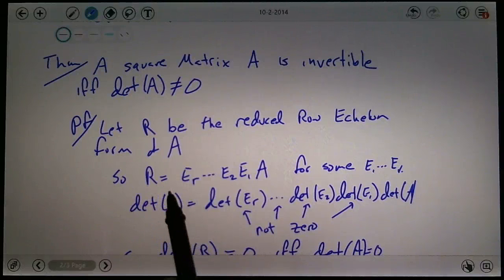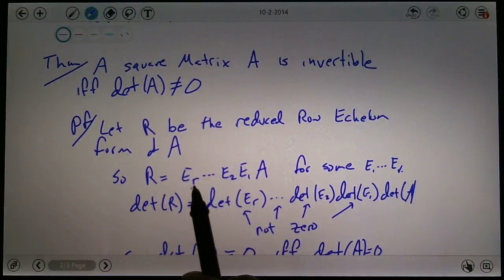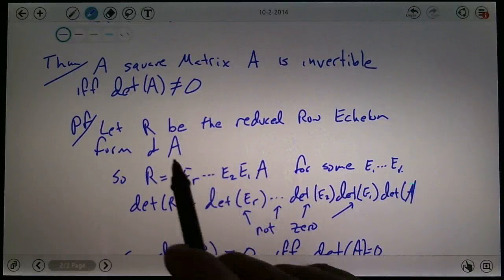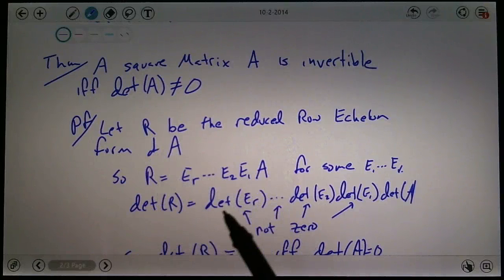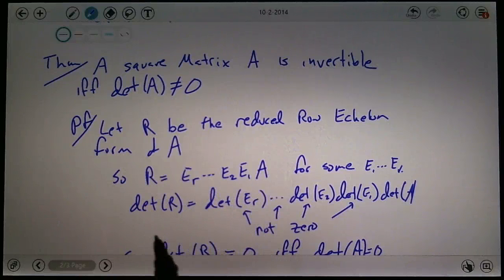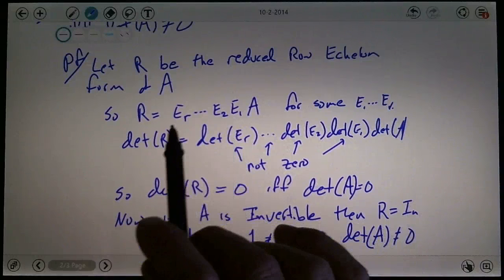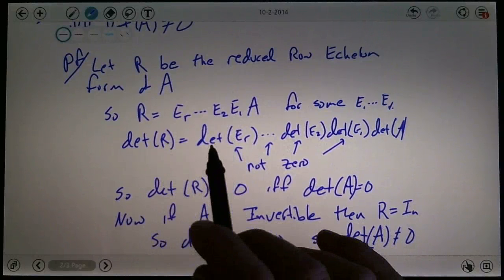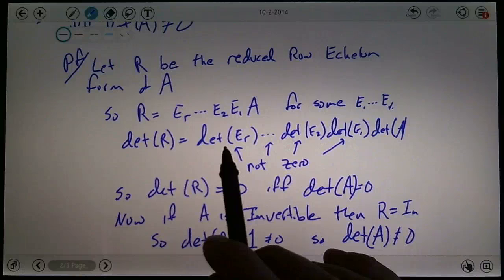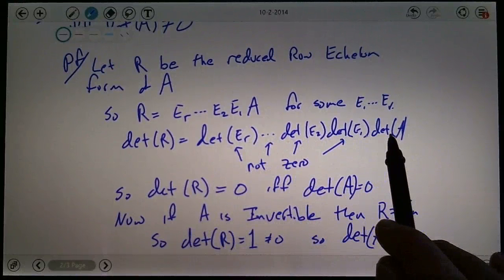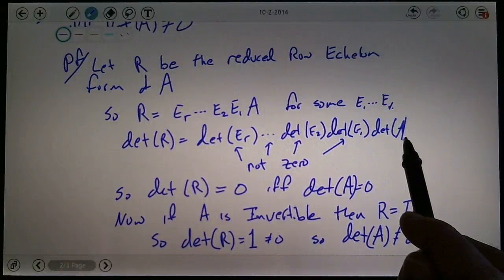So I can write R as some sequence of elementary matrices multiplied by A, because if it's the reduced row echelon form, there was a sequence of row operations that took A into R. Now the determinant of R is, by the lemma that we just had, equal to the determinant of each one of these things multiplied together times the determinant of A.